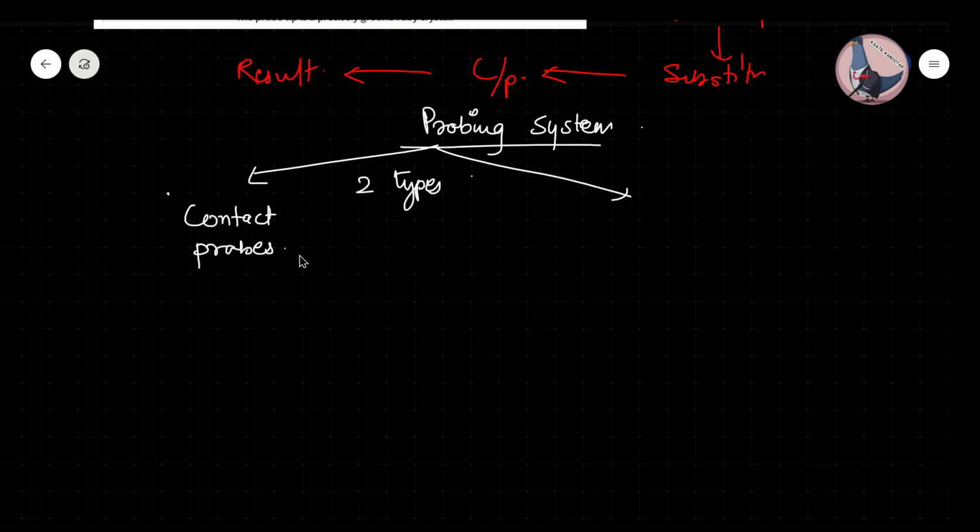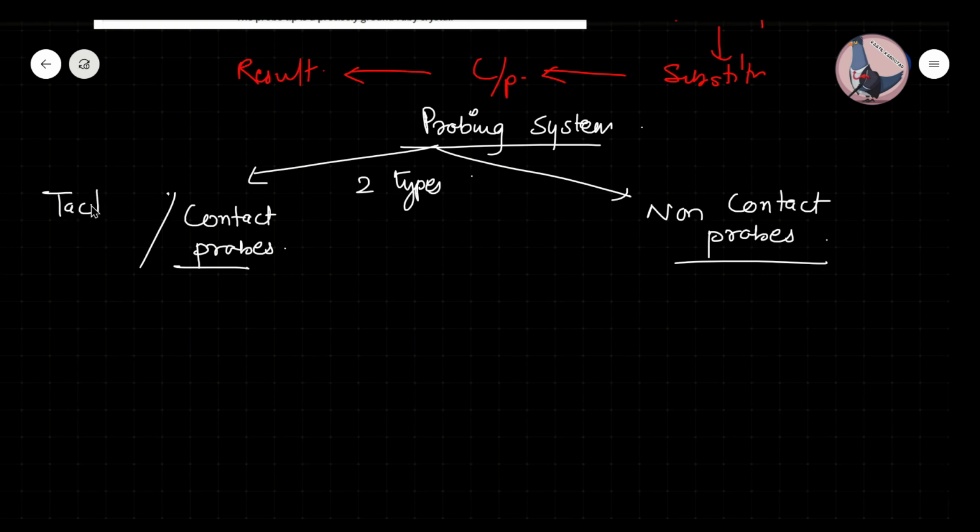And second one is non-contact probes. Whatever I have shown you above, they all were the contact type of probes, because they all will touch the job, and depending on the touch, these contact probes are also called tactile probes. Tactile means to touch. So these probes will touch the job and then will give you back the feedback.